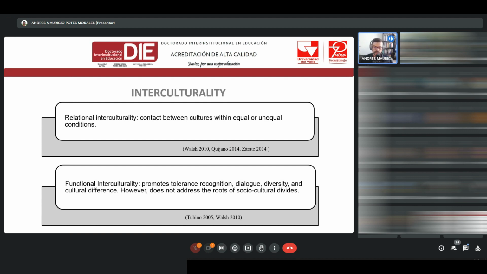The second distinction is functional interculturality, which seeks the promotion of tolerance, recognition, dialogue, diversity, and cultural difference. However, this perspective does not address the roots of social and cultural divides. It's noteworthy to mention that this perspective is applied top-down, which responds to the neoliberal agenda.